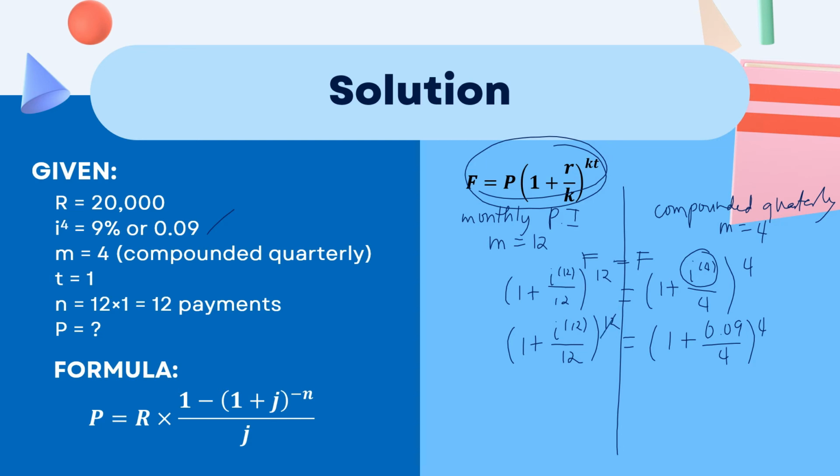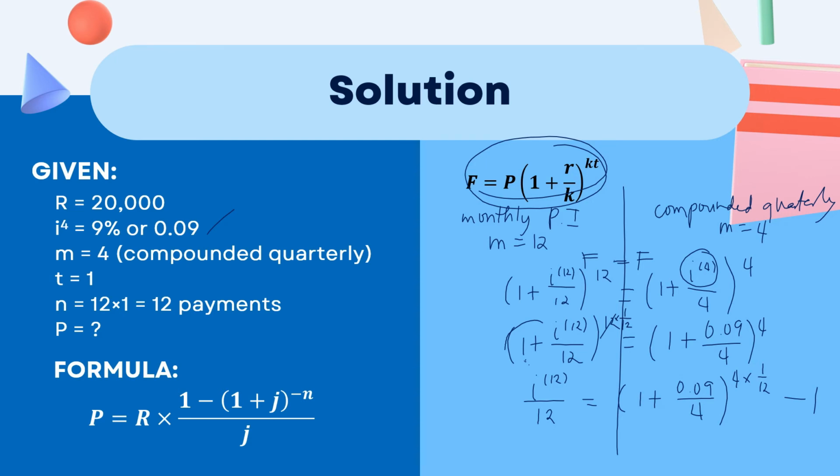Then, kailangan natin eliminate to. So, mag-multiply tayo both side ng 1 over 12. So, then, dire-diretso na po natin, kailangan tayong mag-minus ng 1. So, para ang equivalent rate na po natin sa monthly payment is 1 plus 0.09 over 4, 4 times 1 over 12, or that is 1/3, minus 1.